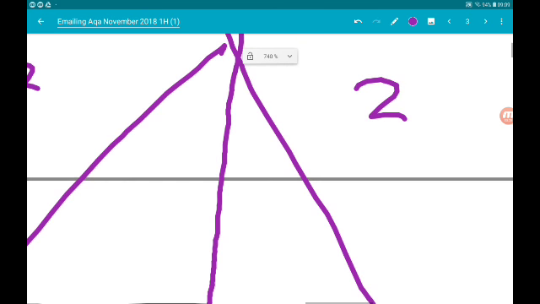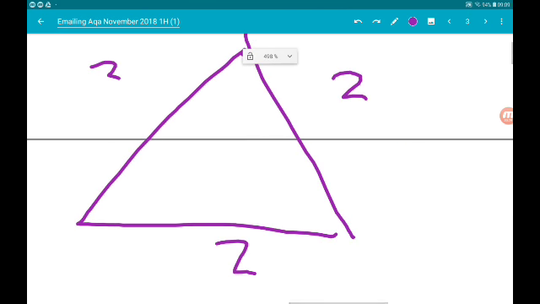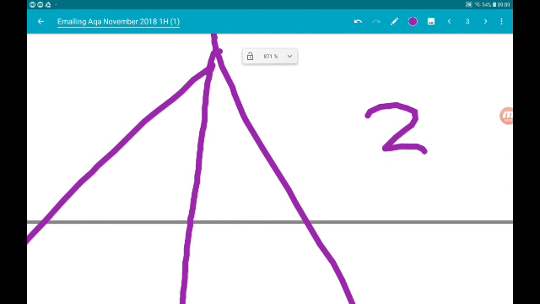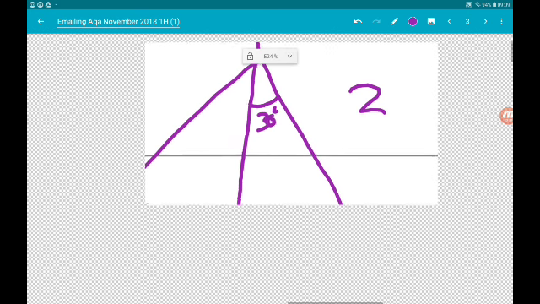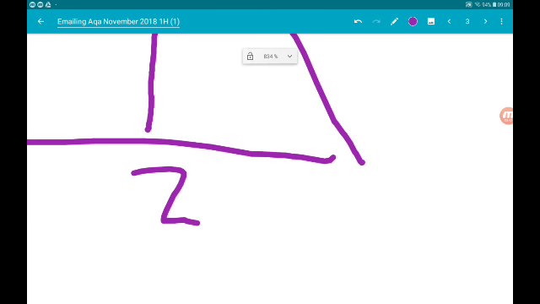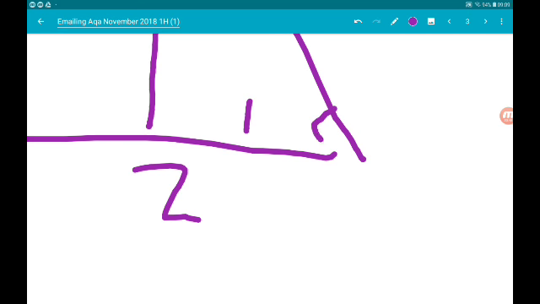Then this top angle is 30 degrees. This bottom length is now 1. This angle would be 60.